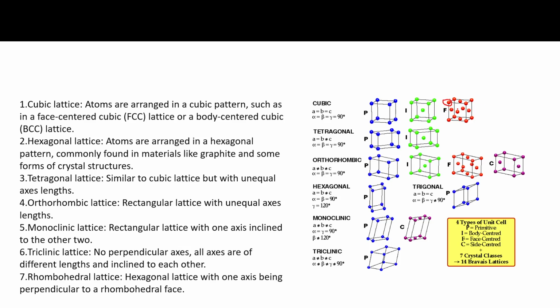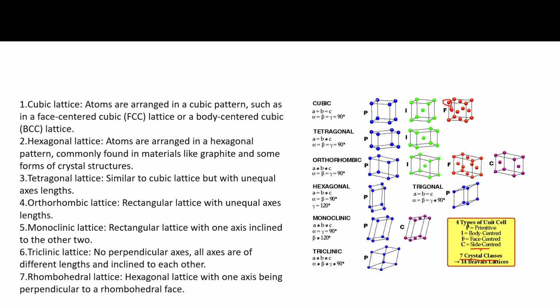Like sodium chloride, where sodium and chloride are placed at the center and face center. And there is the side center, C. So there will be a total of 7 crystal classes and 14 Bravais lattices.